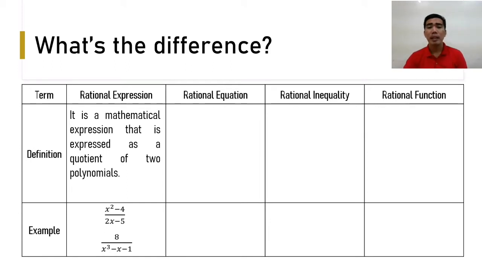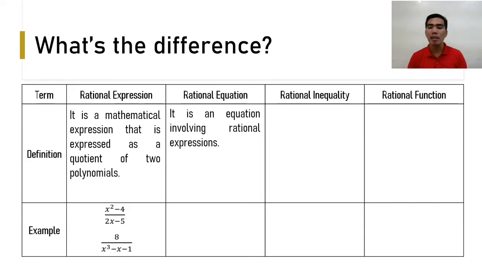Now, what is a rational equation? A rational equation is an equation involving rational expressions. That's why I introduced the rational expression first, because a rational equation deals with rational expressions.